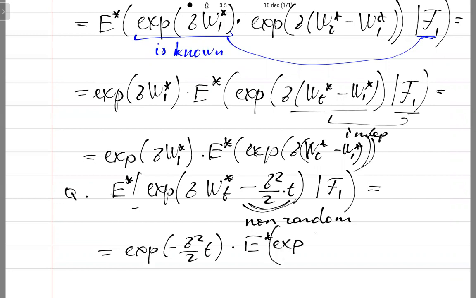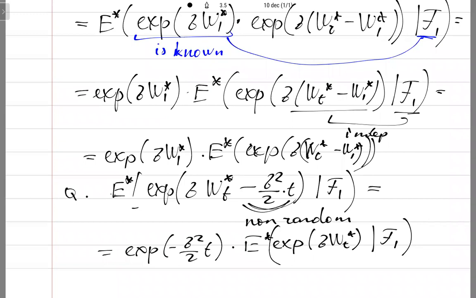So this exponent of minus sigma squared over 2 t will be just an additional term on the right-hand side, because it's non-random.